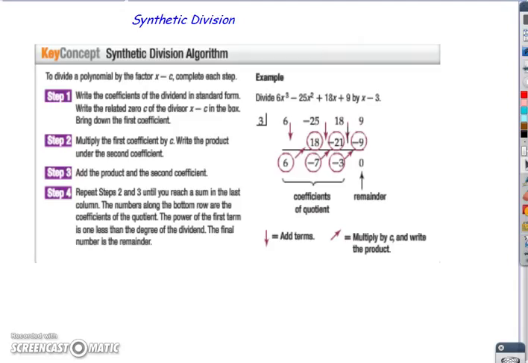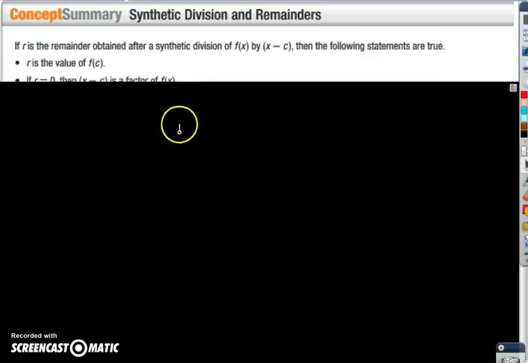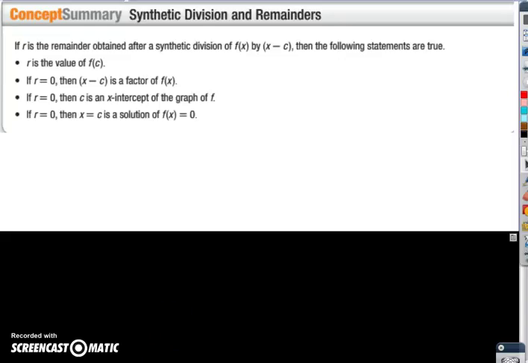Now, what are we going to use this for? So we have synthetic division and remainders. If r, meaning remainder, is obtained after synthetic division of f(x) by some x minus c, the following statements are true. R is the value of f of c. What that means is, if you want to know the remainder, and you have a c value that you would use in synthetic division, whatever number you put in the box for synthetic division, you could throw into your function and get the remainder.